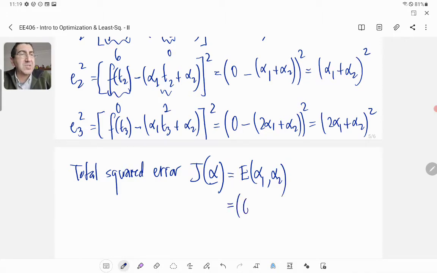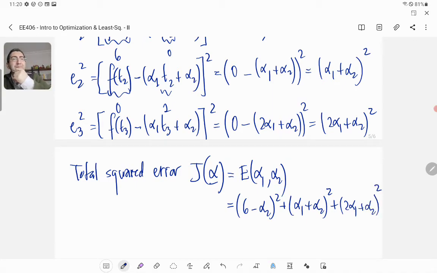That is equal to 6 minus alpha 2 squared, plus alpha 1 plus alpha 2 squared, plus 2 alpha 1 plus alpha 2 squared. You see that this is a positive function, and it grows with alpha 1 and alpha 2. That's why it's a bowl which has a minimum somewhere.